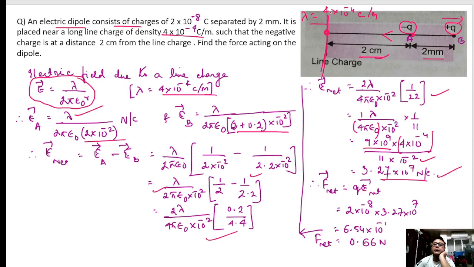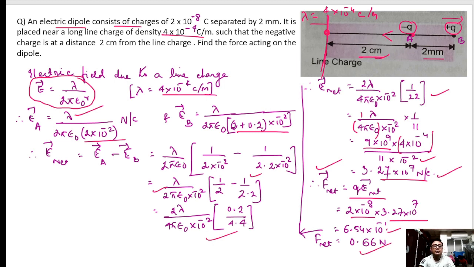Due to the long electric charge wire, a dipole will have how much electric field? This much. So what is the net force acting? It will be Q into electric field. This is in Newton. So this is the net force acting on the dipole.